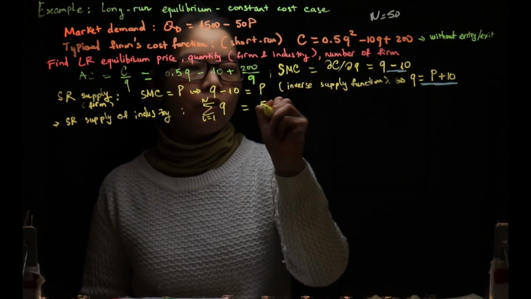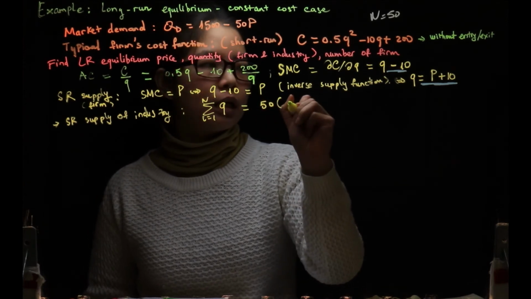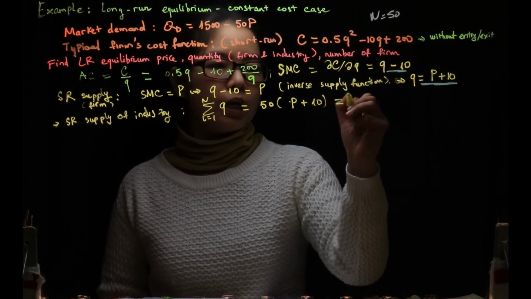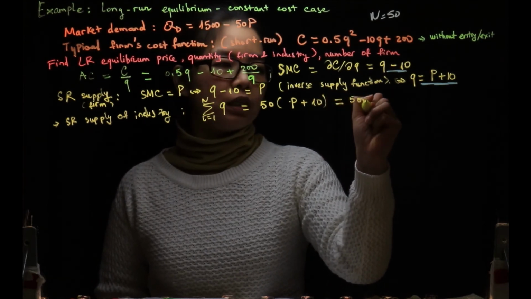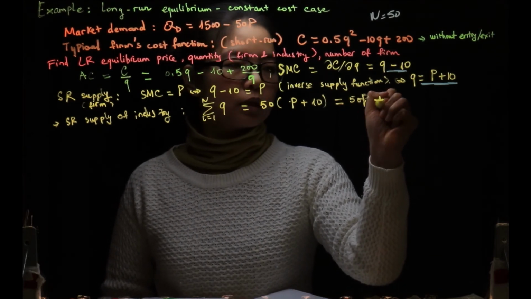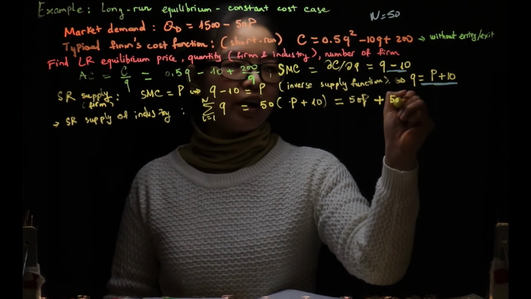So that is 50 times P plus 10, and that would be 50P plus 500.